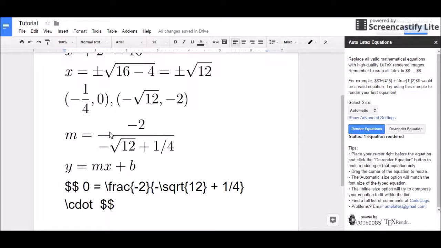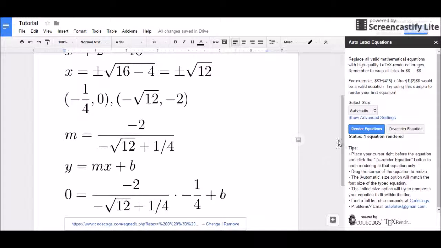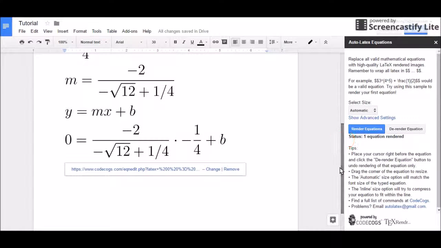times x, oh my, mx plus b. So b is just going to be the opposite of what this is. Okay, I actually see what b is.